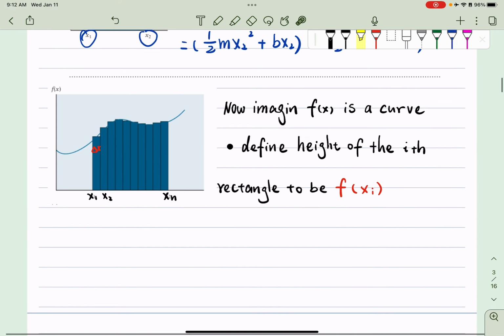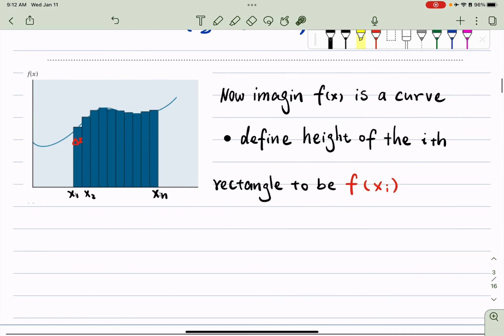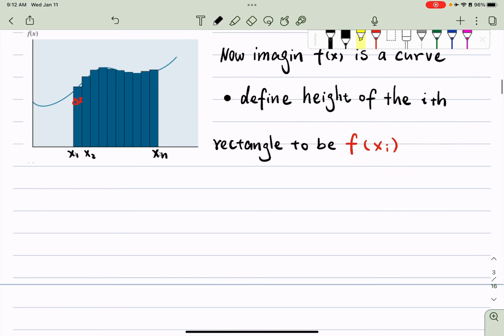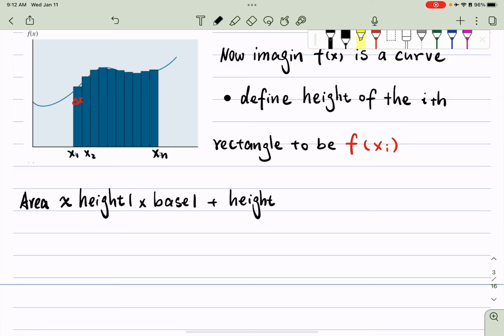So we're just using it as an estimate of what that little part is under the curve. And if we write down the area, again, that's going to be roughly equal to height 1 times base 1 plus height 2 times base 2, and all the way to xn.